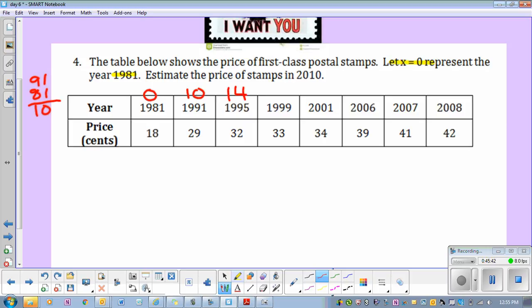And what about 99 minus 81? It's 18 years from 81, which was your 0. Does that make sense? These are going to be the numbers that you put into L1. If they give you the year like this, don't put in the year, because most likely they'll tell you the beginning one is 0 or 1.